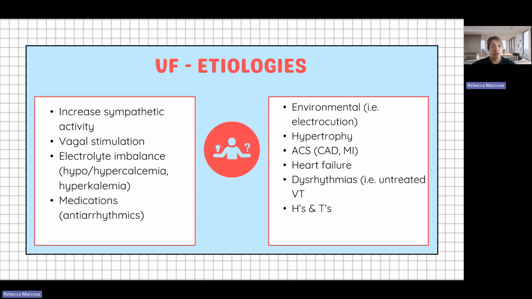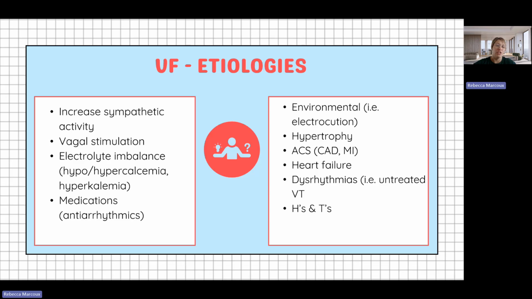So what causes ventricular fibrillation? Increase in sympathetic activity. So again, that's our fight or flight response. So the patient's body is secreting our catecholamines, so our epinephrine, our norepinephrine, our cortisol. Our body's in that stress fight or flight mode that can cause the patient to go into VF. Vagal stimulation, electrolyte imbalances, medications.